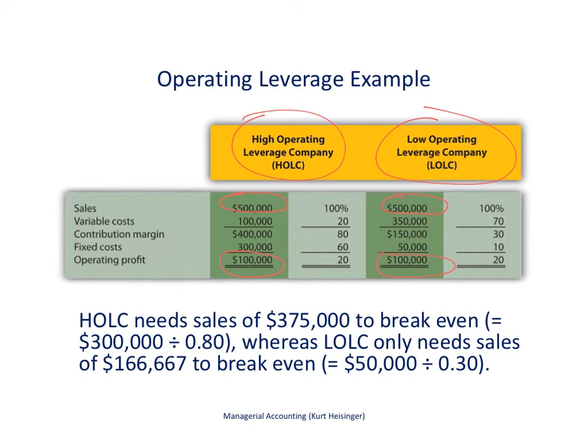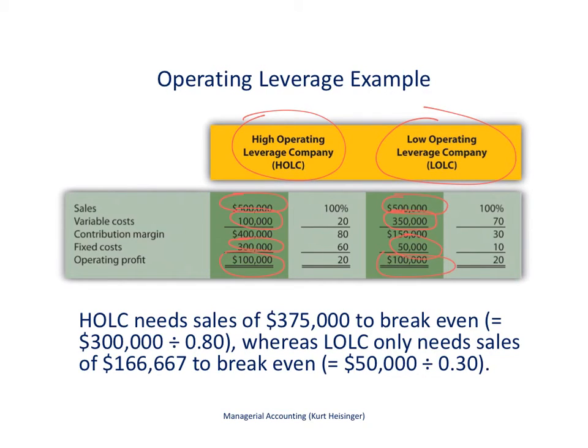But if you look at the makeup of the costs within each company, you'll notice that the high operating leverage company has $300,000 in fixed costs and $100,000 in variable costs, while the low operating leverage company has $50,000 in fixed costs, much lower, and $350,000 in variable costs, much higher. The high operating leverage company, therefore, is the one that has the higher proportion of fixed costs. Both companies have total costs of $400,000.